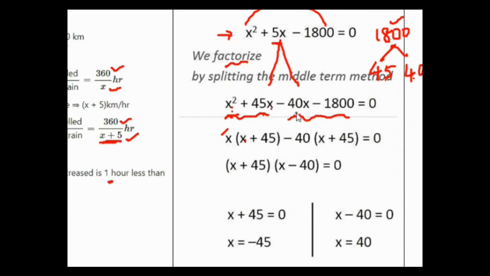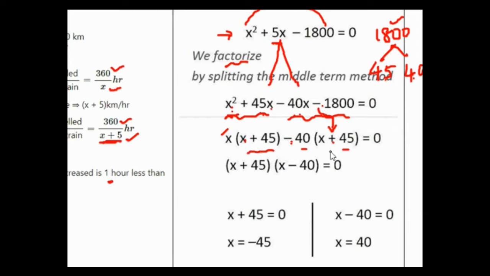In the second two terms, 40x minus 1800, we have to take minus 40 common. When minus 40 is common, x is remaining, and in 1800 if you take 40 outside, 45 will be inside. Whenever negative is taken common, the fourth term's sign will be changed, because minus into plus is minus.